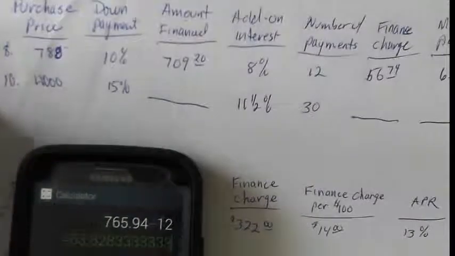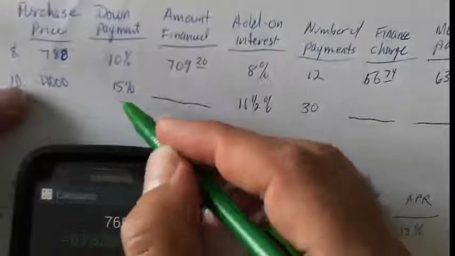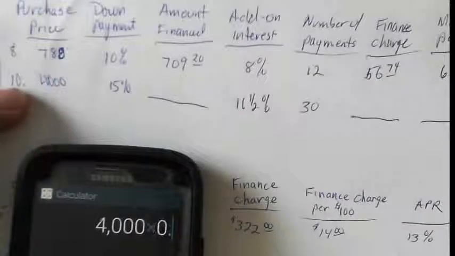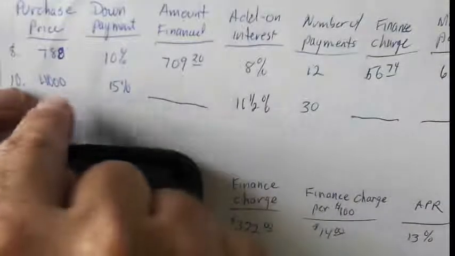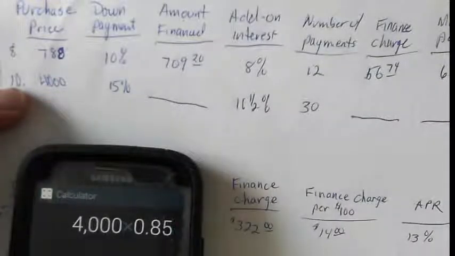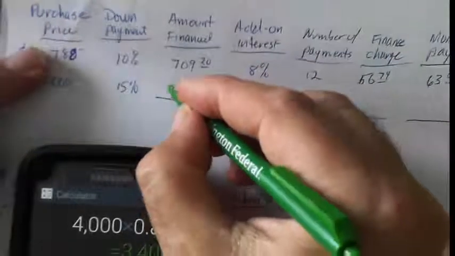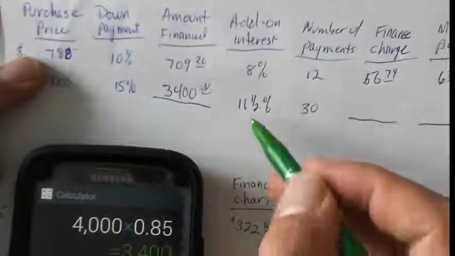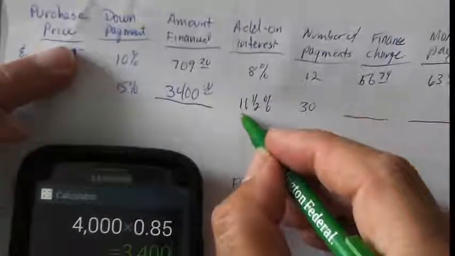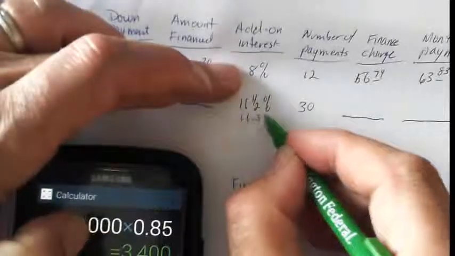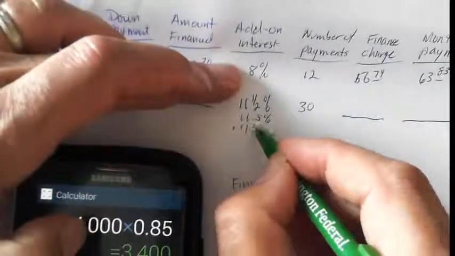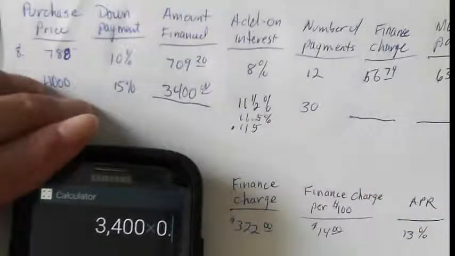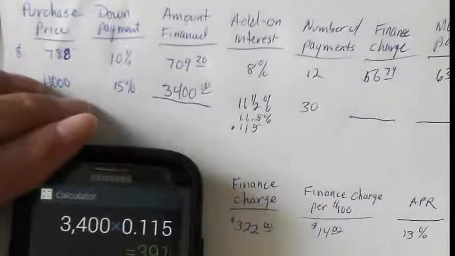Okay, let's do another one. 15% down. So let's find out what our 15% down was. So we're going to multiply that by 0.85. We're going to subtract that percent. So we're financing 85% of the amount. So our amount financed is going to be $3,400. Okay, 11.5% interest, and then as a decimal, of course, is 0.115. So we're going to multiply that by 0.115.